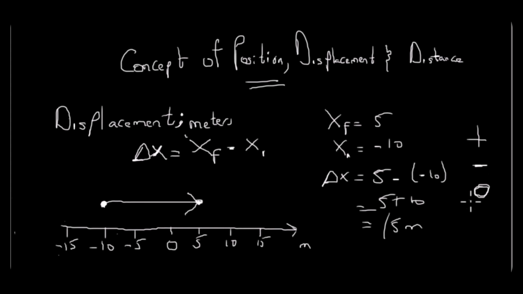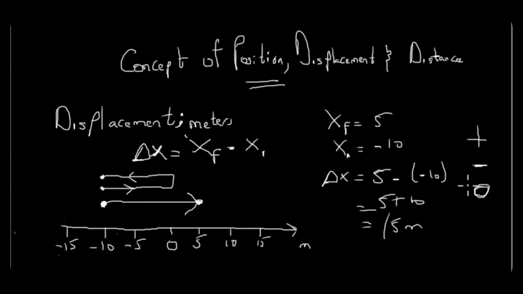What does it mean for displacement to be 0? Two things. Either the object hasn't moved, or my object moved, let's say from this point, came here and came back to where it started from. If I were to calculate the displacement at this instant, my initial position would have been minus 10, and my final position would also be minus 10, hence resulting in 0.